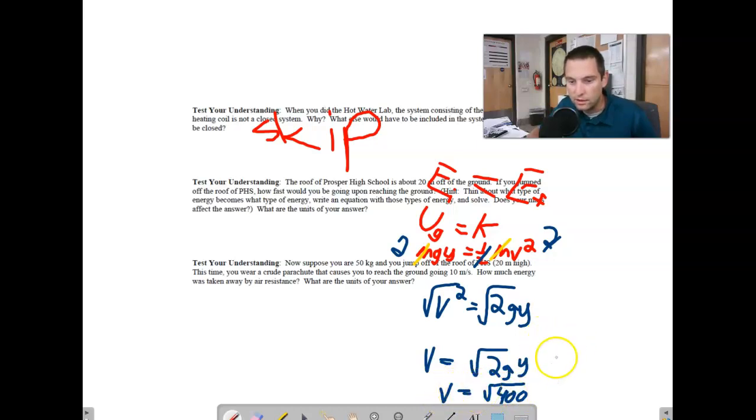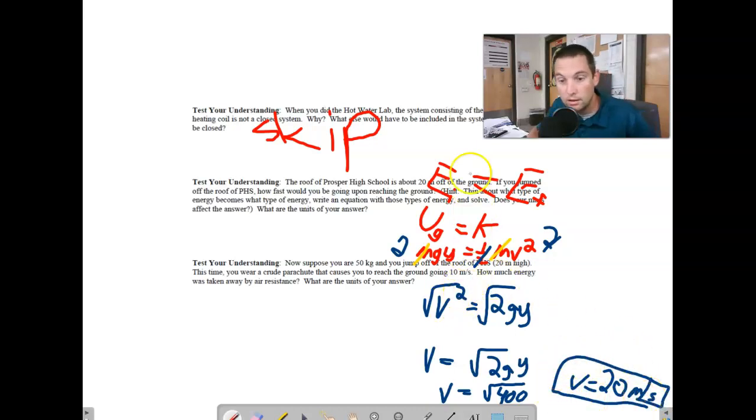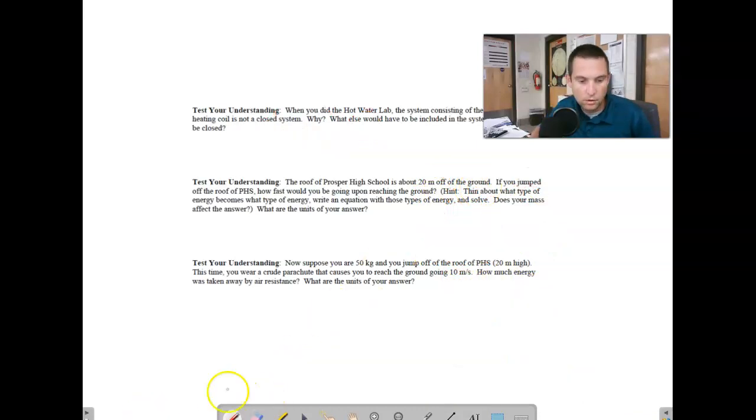You can leave it like that, or you can plug it in your calculator to get the final answer. That's easy enough. You might be able to do that in your head, and don't forget your units, meters per second. So there we go. The energy that you have in the beginning equals the energy that you have in the end. Alright, so on to this question down here.